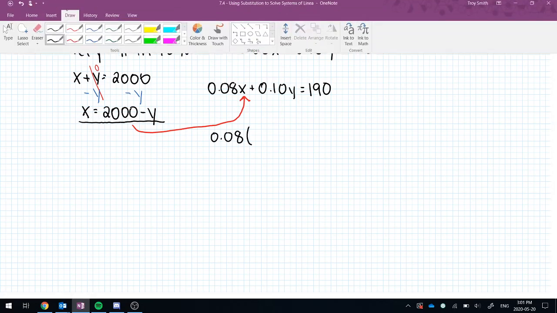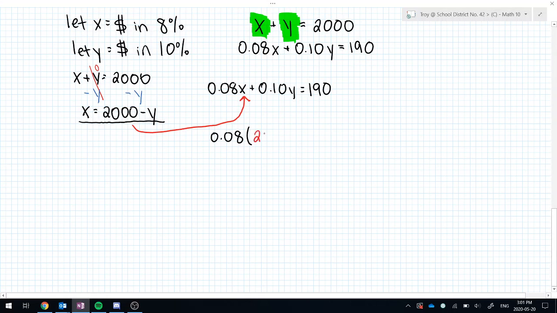I'll write my substitution in red just so it's clear. And now if you look carefully, we only have y in this new equation. So now we can solve for y.